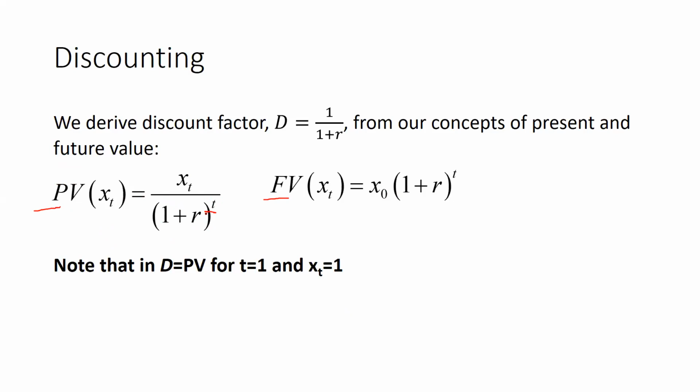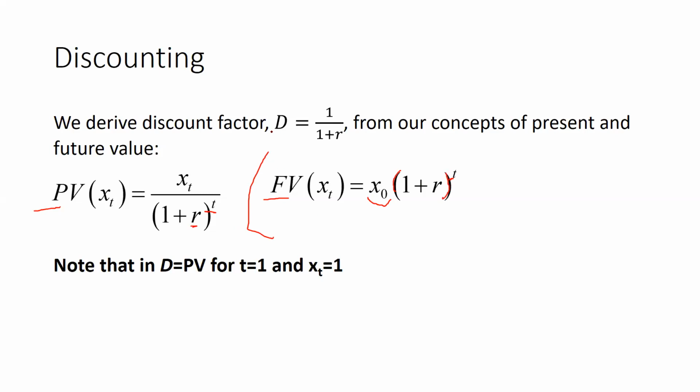So t is number of years, r is the periodic rate. We've also got future value on this side, x sub naught, so our initial value, multiplied by this quantity, 1 plus the periodic rate, raised to the number of periods.